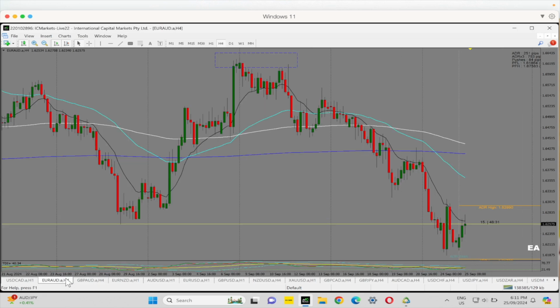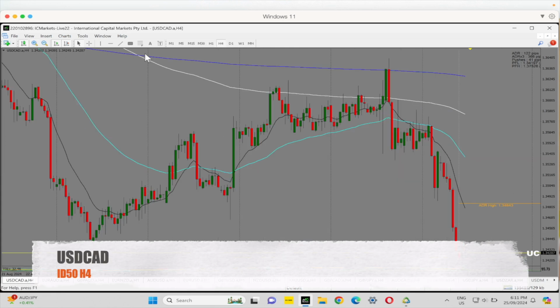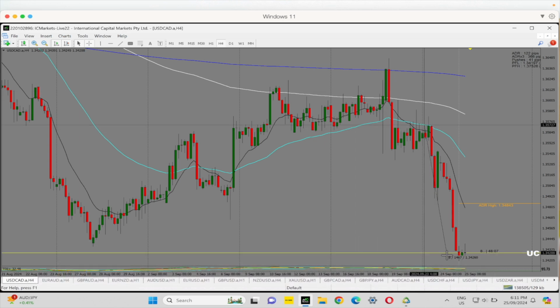The one on EURAUD was 209 pips as well, but it could have gone all the way to 327 pips. And lastly, USDCAD had gone 149 pips. So imagine, you literally get almost close to 1,000 pips just by trading ID50s in a single week.